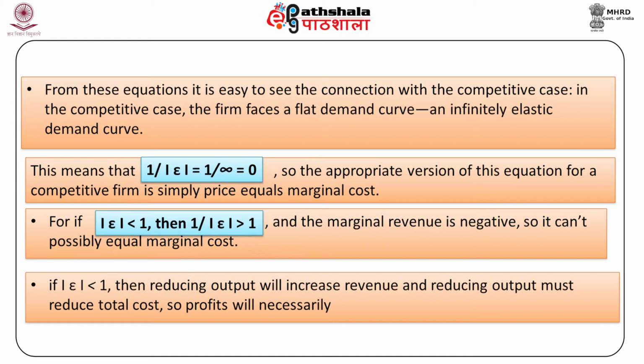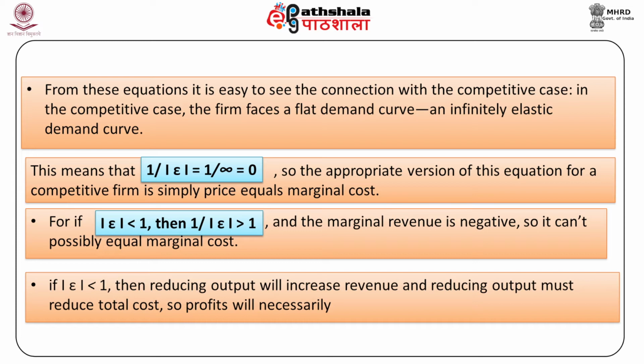In the competitive case, the firm faces a flat demand curve, that is, an infinitely elastic demand curve. This means that 1 upon the absolute value of sigma is equal to 1 upon infinity, that is, equal to 0. So, the appropriate version of this equation for a competitive firm is simply that price equals marginal cost.